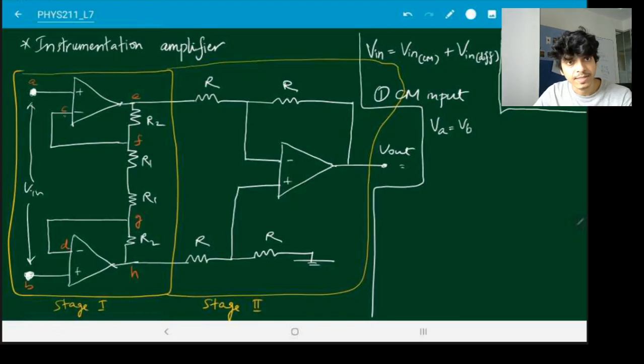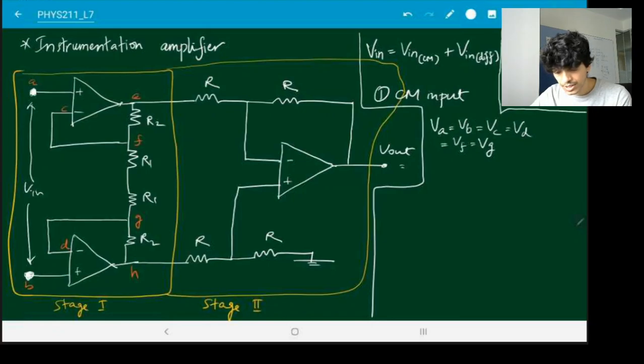So VA and VC are almost the same, and VB and VD are almost the same. Further, you will notice that C and F are the same, D and G are the same because they're just connected by a short. So these are also equal to VF and VG.